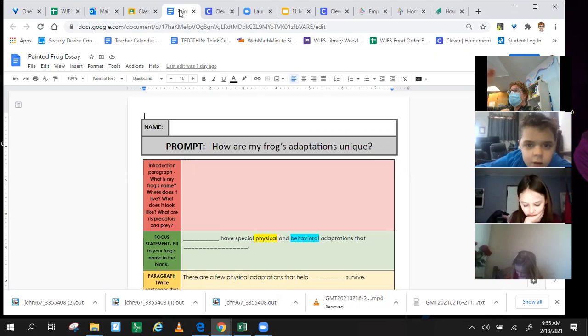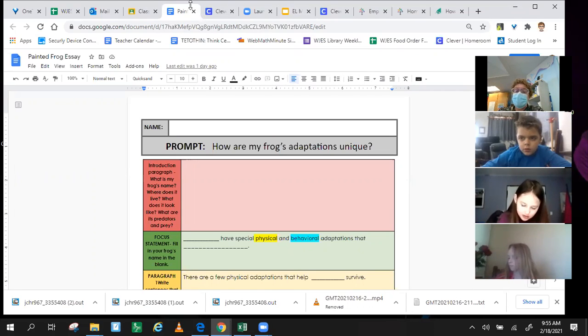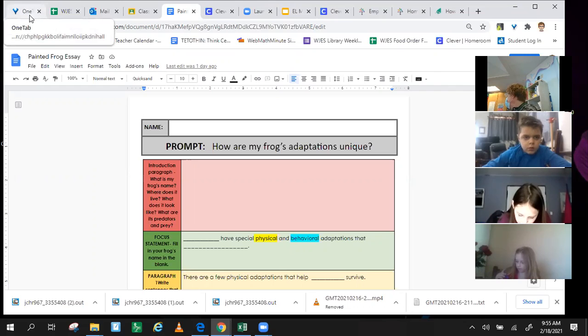And they weren't sure, does it go up here? Does it go down here? Where exactly do I need all my information? So Mrs. Harrison made this. So all you have to do is, if you follow what's on the left side, in the red and the green and the yellow, and you type those items into this other empty section, you should be fine, right? You should be on track.